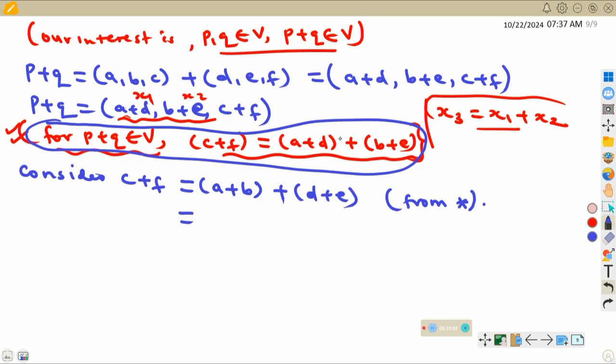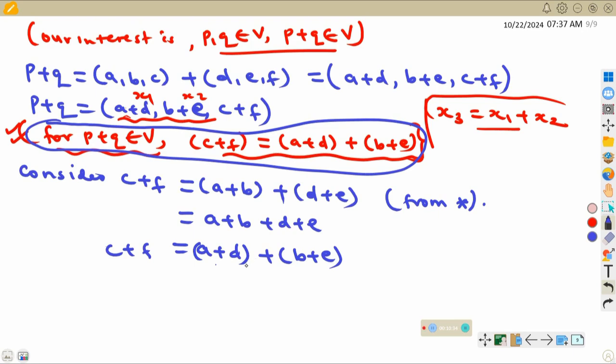So C plus F is A plus B plus D plus E, which, since we are dealing with real numbers, I can also write as A plus D plus B plus E. So clearly, C plus F is equal to A plus D plus B plus E.